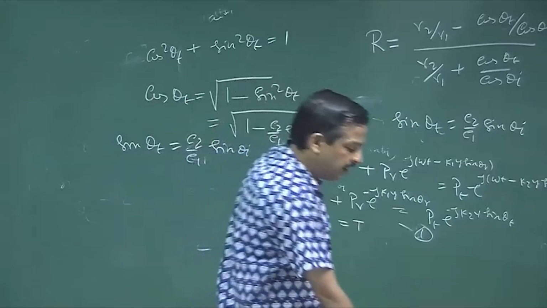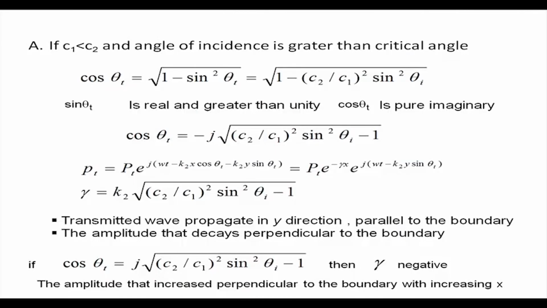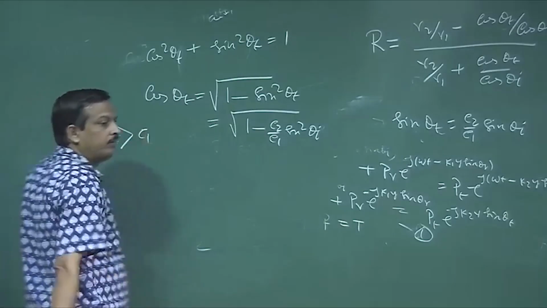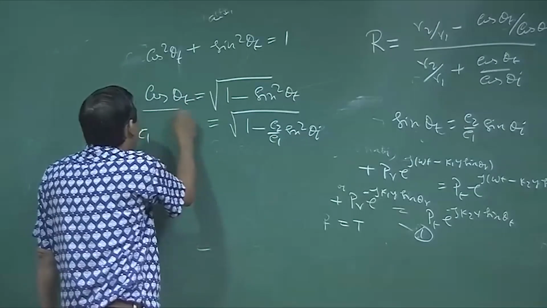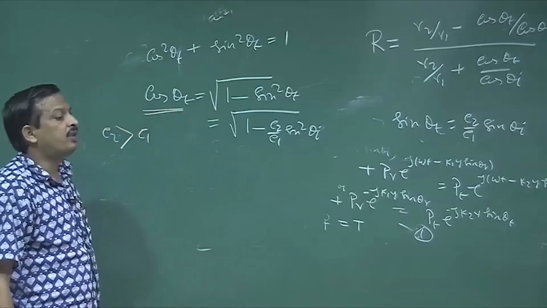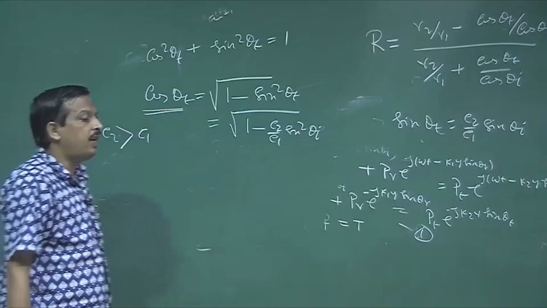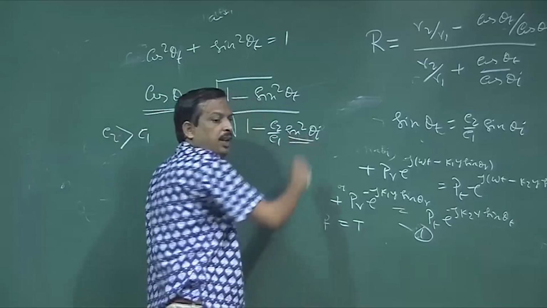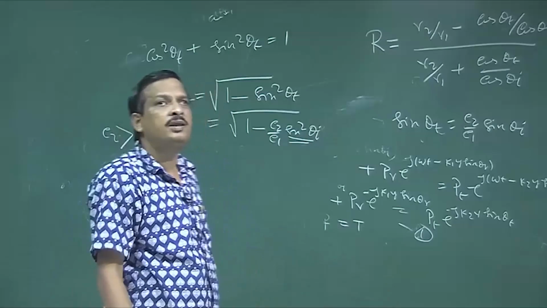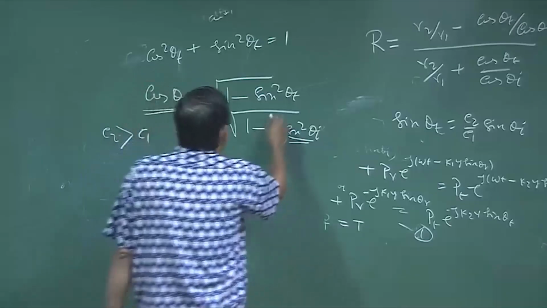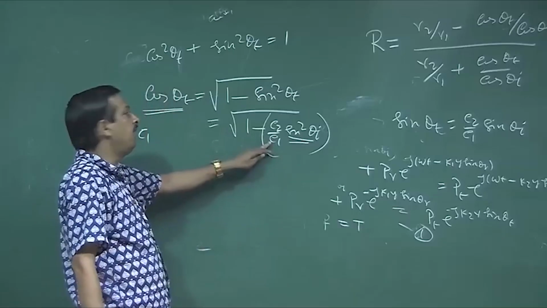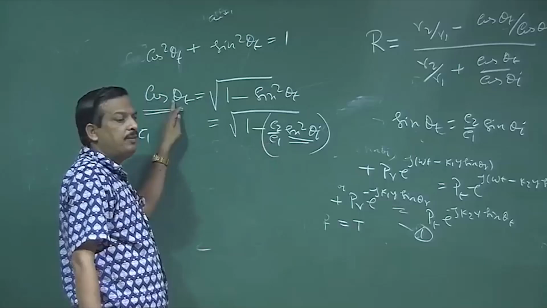Now, if C2 is greater than C1, then sin theta I is real, and if the product of this thing is greater than 1, then cos theta t becomes purely imaginary.